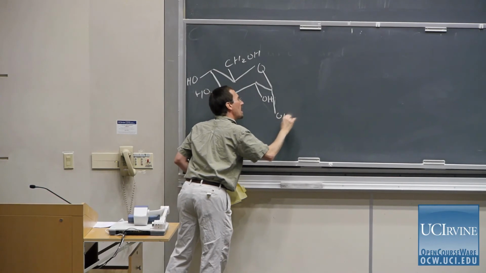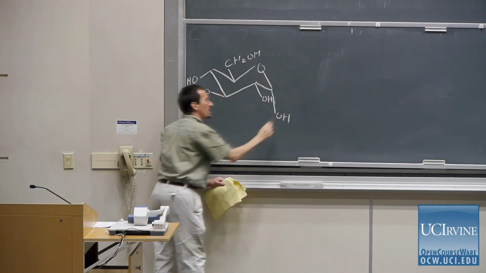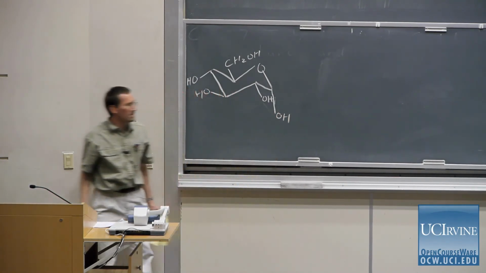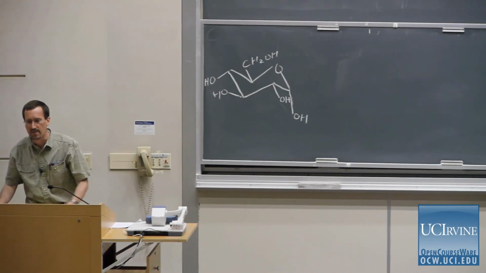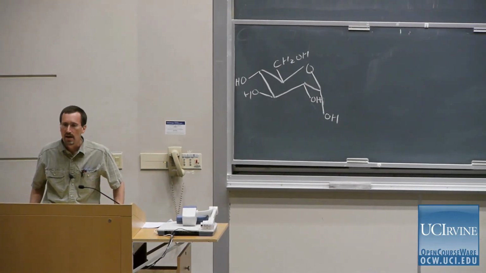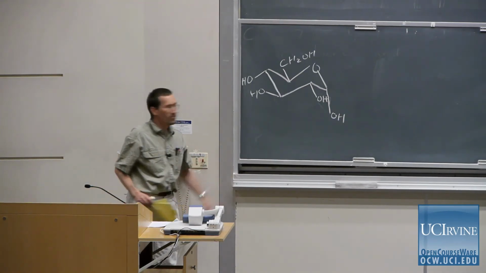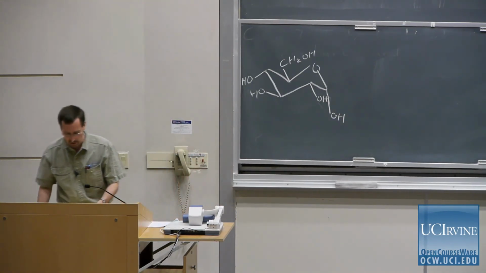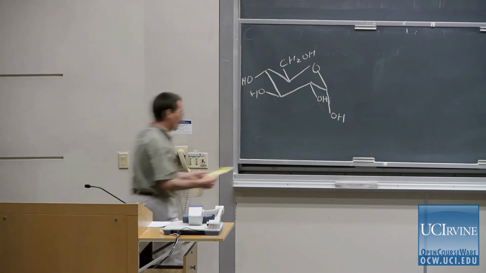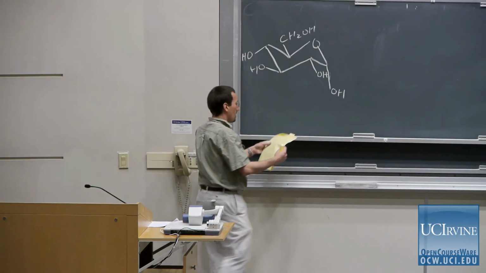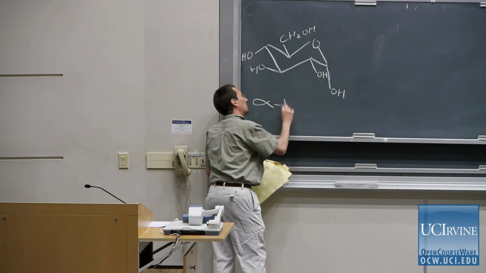I'm going to now, instead of having the hydroxy group at the 1 position be equatorial, have our hydroxy group at the 1 position be axial. Now this is alpha D-glucose.